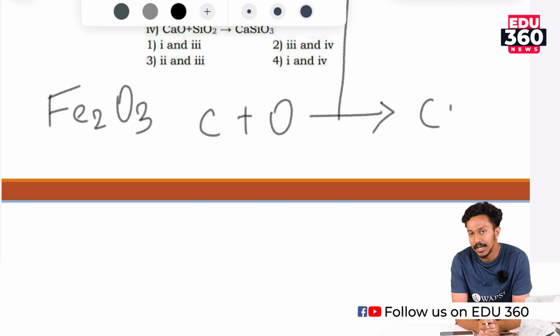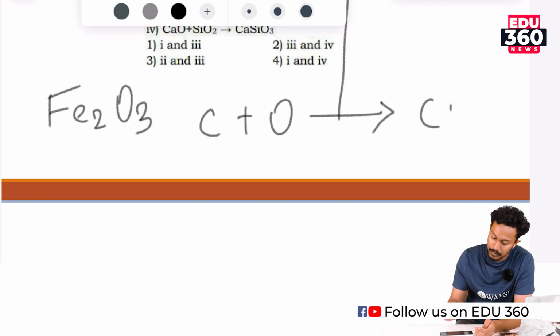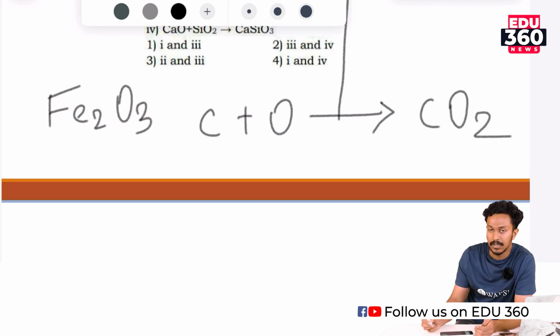We extract iron from this hematite ore by heating with carbon or coke. So, for the first reaction, we should burn coke in excess oxygen to form carbon dioxide.